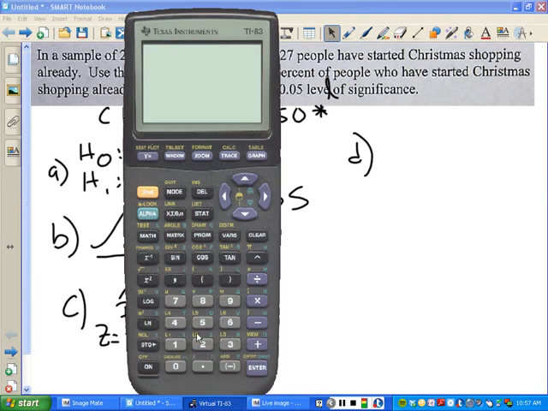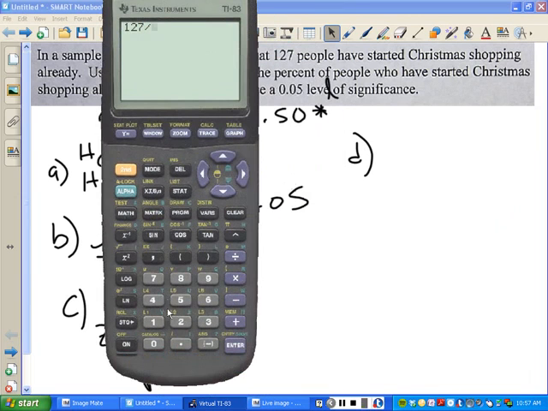If you get this confused and type in 215 over 127, remember that it can't be a number bigger than 1. P hat has to be between 0 and 1, inclusive. I apologize, it's 127 divided by 215.